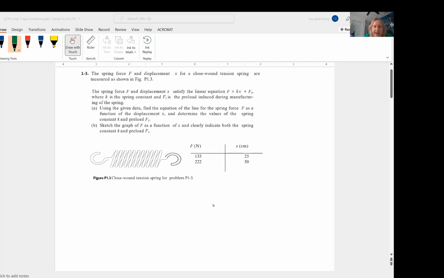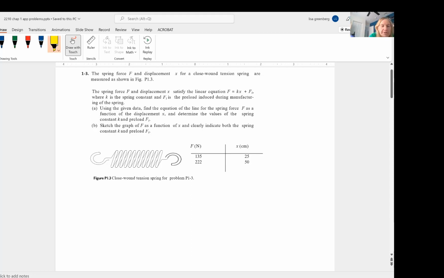The spring force F and displacement X. So those are being told to you because we're going to be given these letters and we need to know what they represent. So always make sure you understand what F is, what X is. So the spring force is F and the displacement is X.